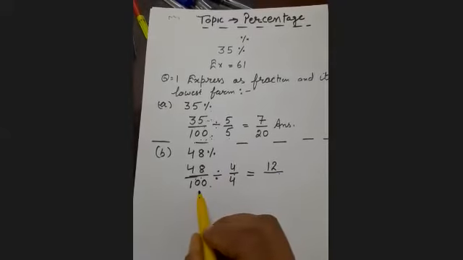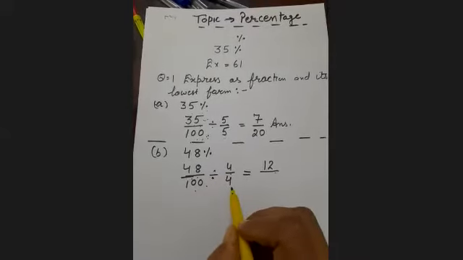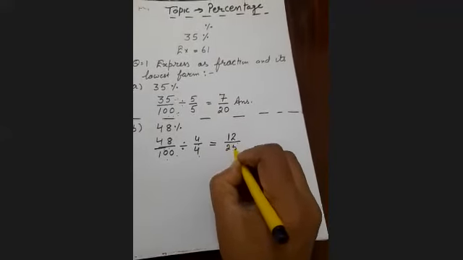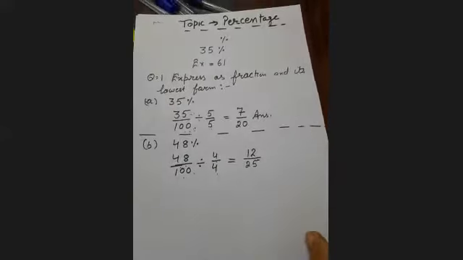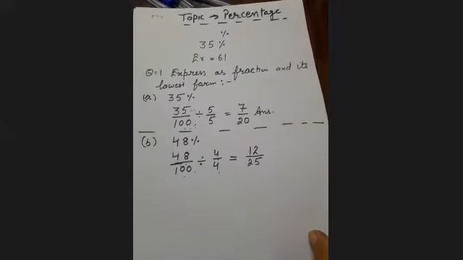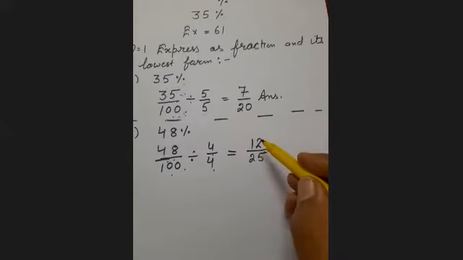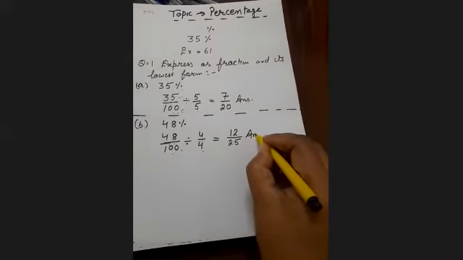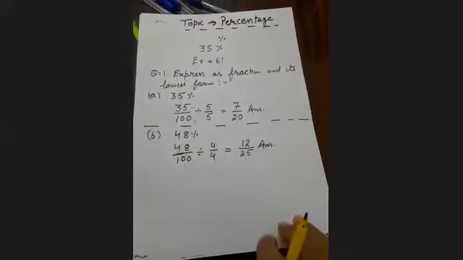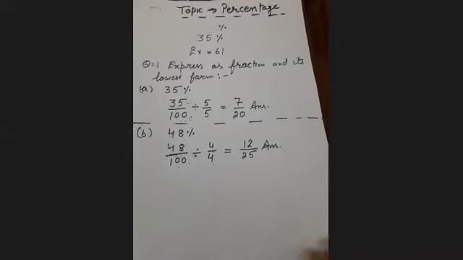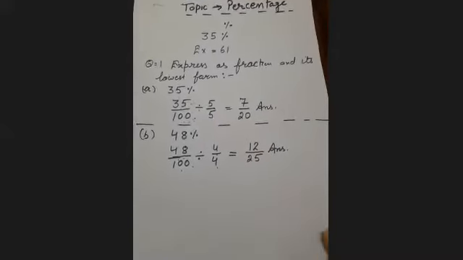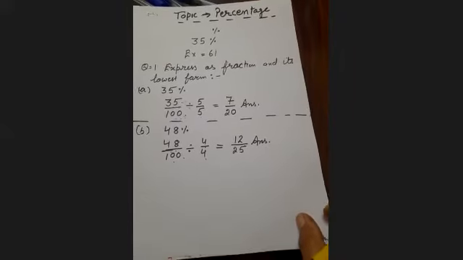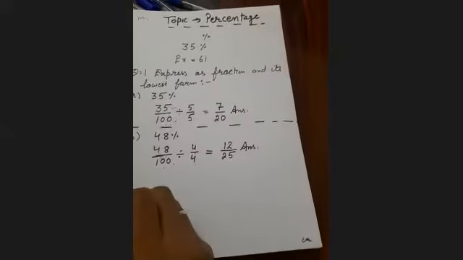Now divide 100 by 4, we get 25. So our answer is 12 upon 25. Clear, students? Next is part C.